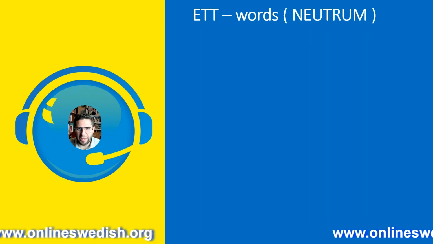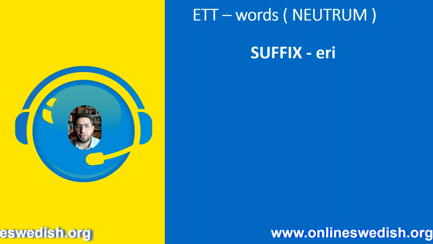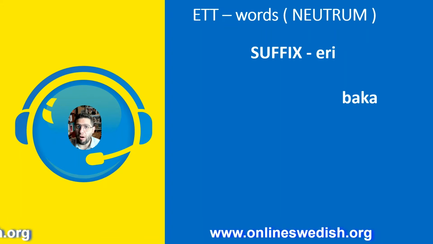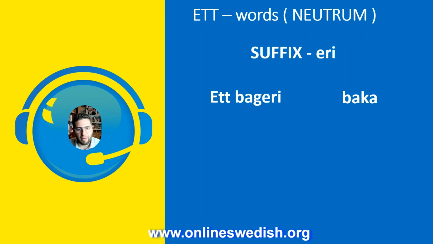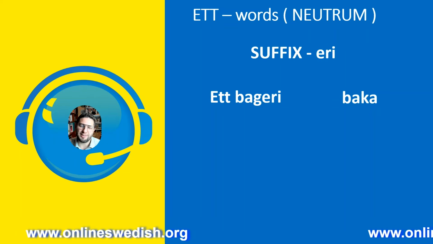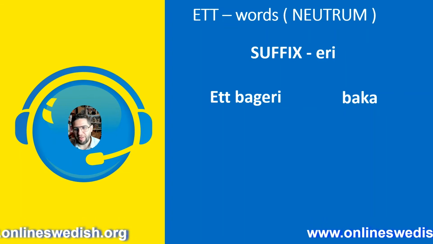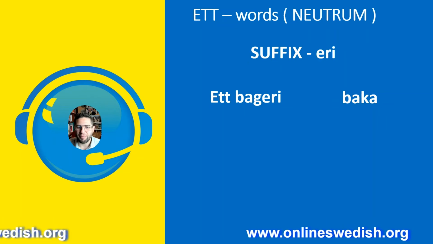And let's look at ett-words, neutrum. And then we have suffix eri. When you say baka, to bake, and then we have bageri, bakery. And the reason why it's not bakeri as it's supposed to be, since it's the influence from the Danish language, they tend to turn K's to G's, so bageri.